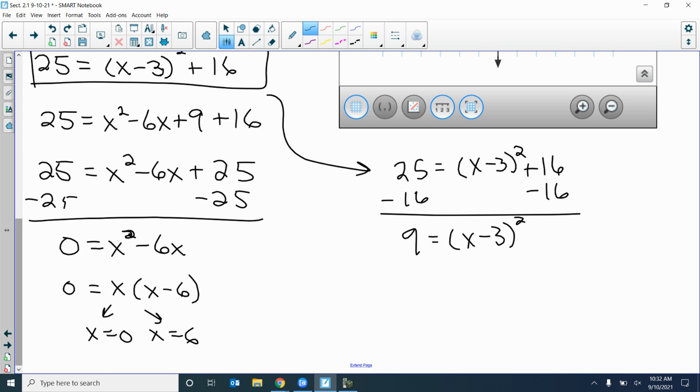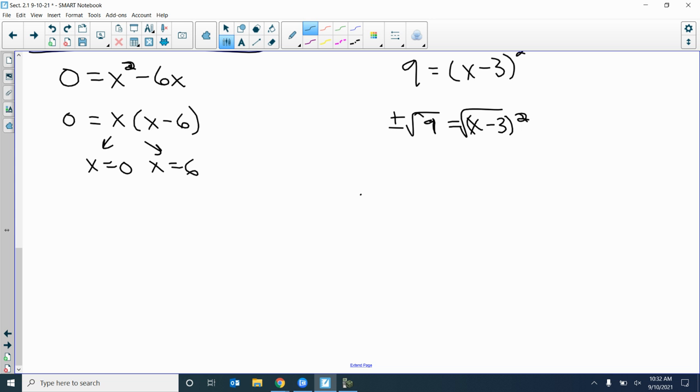Square root. But you got to make sure this is plus or minus 9, or square root of 9 equals square root of X minus 3 squared. This is that. So that gives me plus or minus 3. Equals X minus 3.